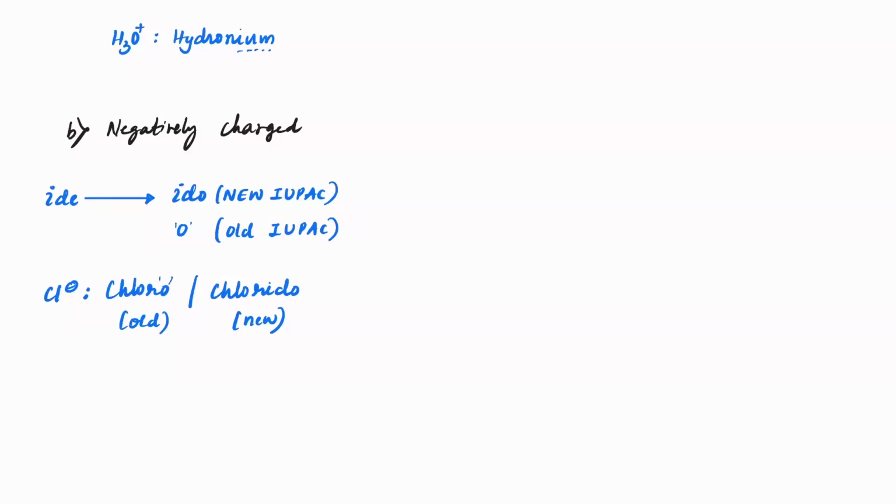If you have an ic acid directly connected to the central atom, then when it is in the salt form you call it an ide salt. Sodium chloride, sodium bromide, sodium fluoride, sodium cyanide, sodium phosphide, sodium sulfide, correct? So those become ide salts.